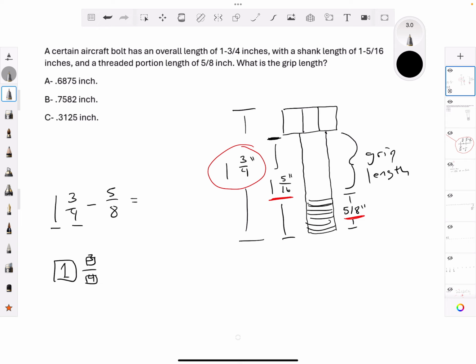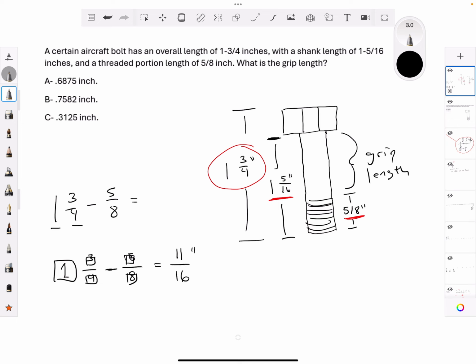Then I'm going to hit the arrow button over again and hit subtraction, so minus. Then I'm going to hit the fraction button, which is located directly above the 7, and this will be displayed, and I'll put 5/8 inch in there. Whenever I hit enter, my calculator is going to tell me 11/16 inch.